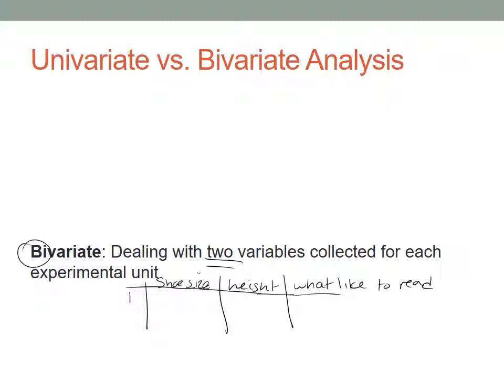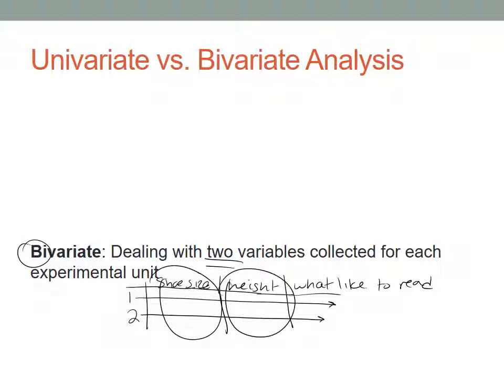But the important part is that for every experimental unit, I'm gathering all of these pieces of information. For experimental unit 2, gathering all these pieces of information. Okay, so what I've written here isn't simply bivariate. That would be just if I did shoe size and height. I added a third one on there. At that point, it becomes what's called multivariate.